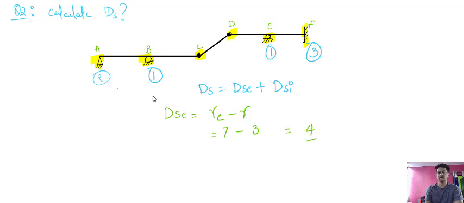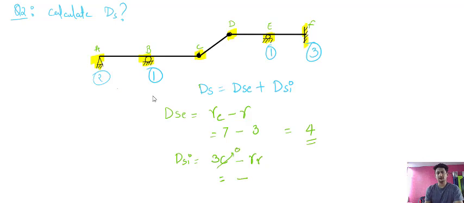So the external static indeterminacy of this structure is 4. Now calculating DSI, the internal indeterminacy, the formula is 3C minus RR, where RR is the number of released equations for internal. In this case C will be 0, so this term is 0.